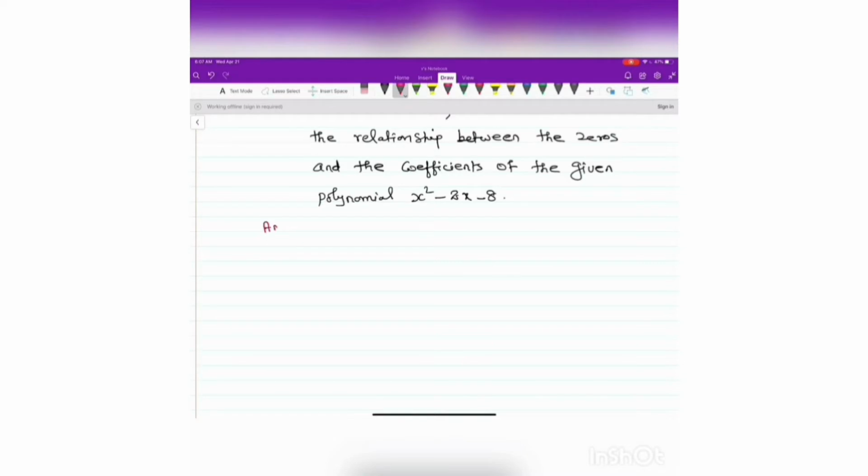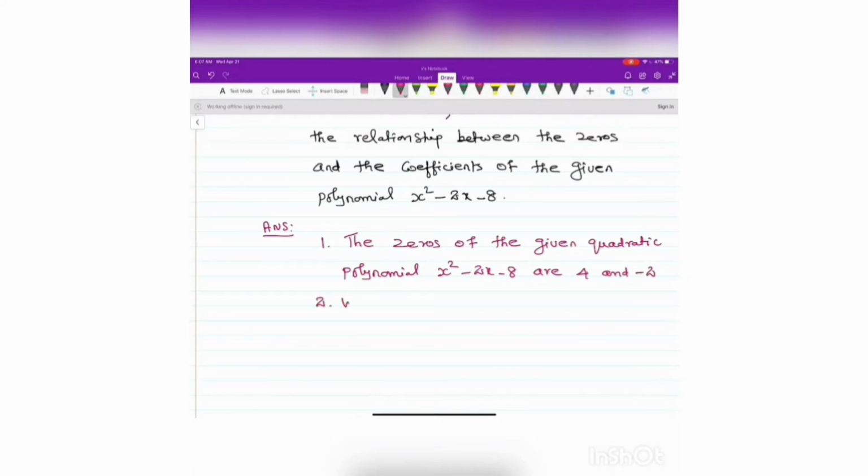Answer. The first part, the zeros of the given quadratic polynomial x square minus 2x minus 8 are 4 and minus 2.